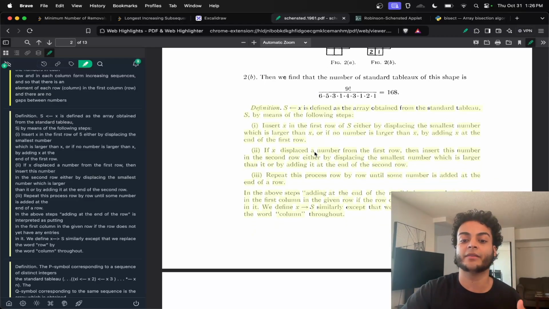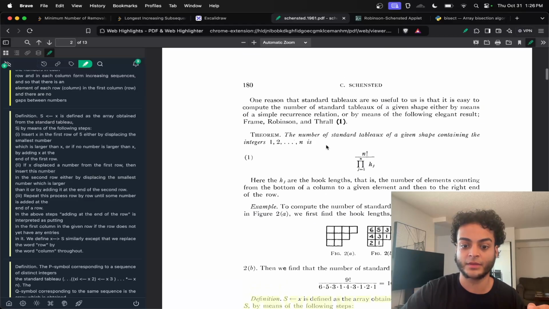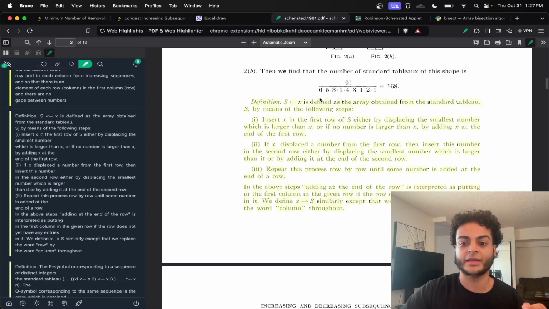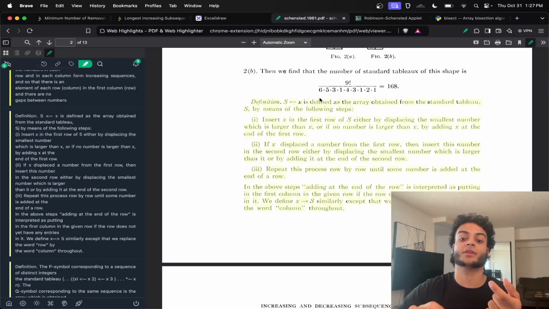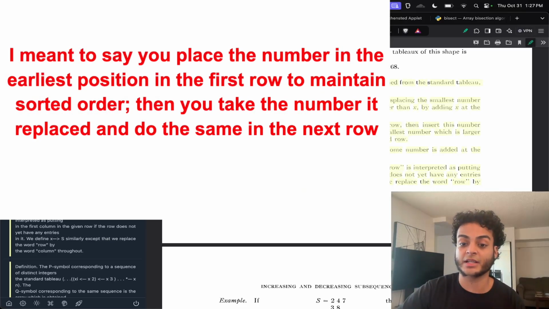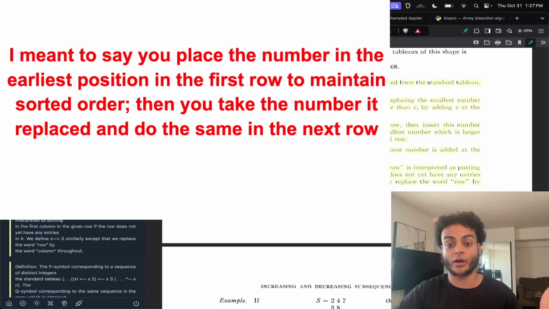So essentially, if I have a number x and I want to insert it into my standard tableau, I will put x in the smallest place I can without breaking the increasing row rule. If there's not a number in that position, so if it's the last position in the row, I'll just add it and I'm done. If there's a number in its place, I will bump it and do the same thing until I either find a suitable place or I form a new row.